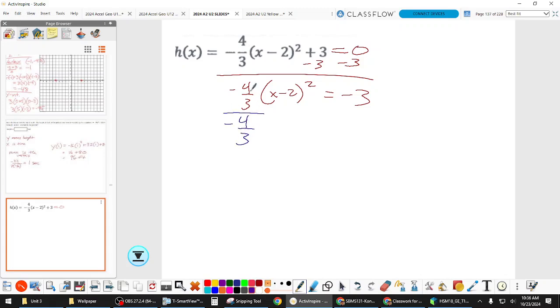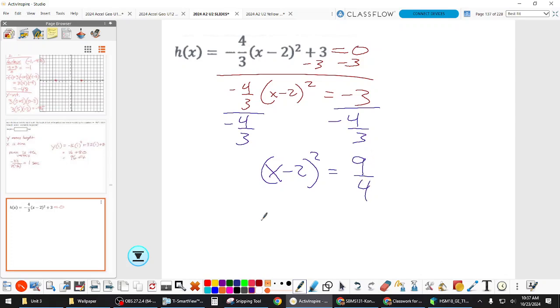Right, this says negative 4/3 times our group being squared. So dividing is fine. The only thing with this is I think a lot of people don't know how to divide fractions. Right? So what is negative 3 divided by negative 4/3? Well, what happens with the negative signs? The negatives cancel, and this becomes 9/4.